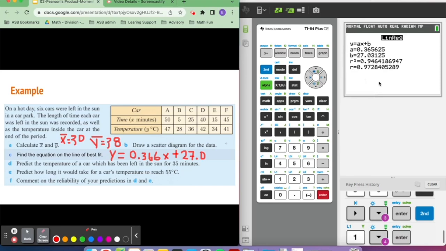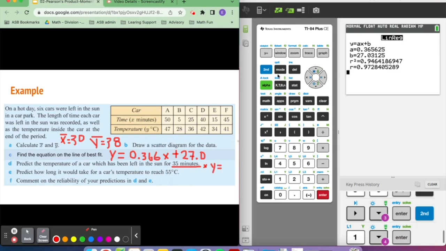Very, very strong correlation. Predict the temperature of the car which has been left in the sun for 35 minutes. So 35 minutes, this is information about our X value. So we're going to be replacing X by 35, and we're going to be seeing what is the temperature that we're expecting it to be.